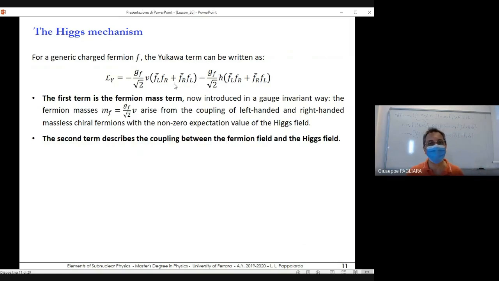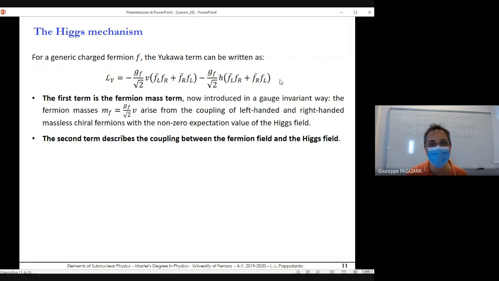But it is now introduced not by hand, because this would, as I said before, kill the gauge invariance, but it is introduced in a gauge invariant way, through the interaction of the Higgs field. In fact, the mass is proportional to the vacuum expectation value of the Higgs, to v. So through the interaction with the Higgs, also fermions acquire mass in a gauge invariant way.